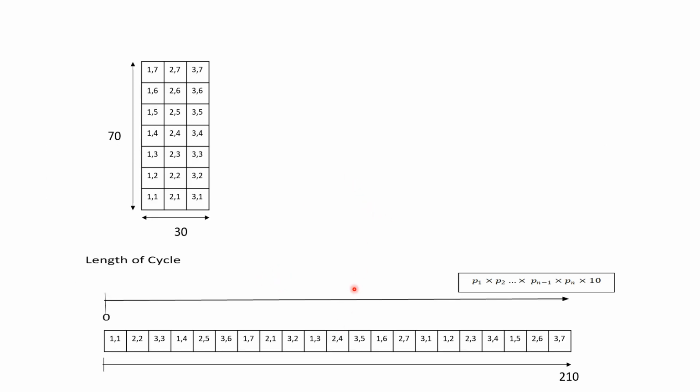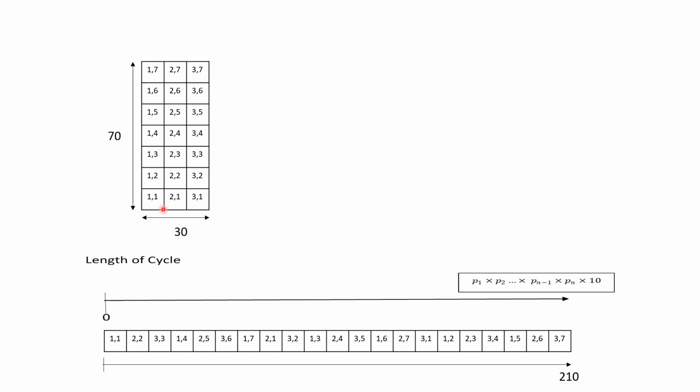So in this form, we can make a rectangle, and we put all the 10s here from 1 to 70 of the cycle of 7, and from 1 to 30 of the cycle of 3. And the numbers here are the combinations of 10s.